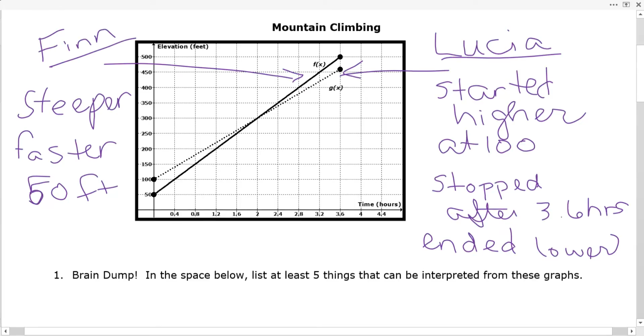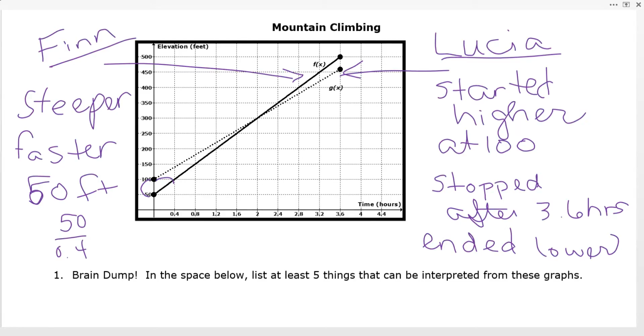So Finn's slope is, he's going up 50 and over 0.4. So his slope is 50 over 0.4. And Lucia, her next perfect point is probably right here.